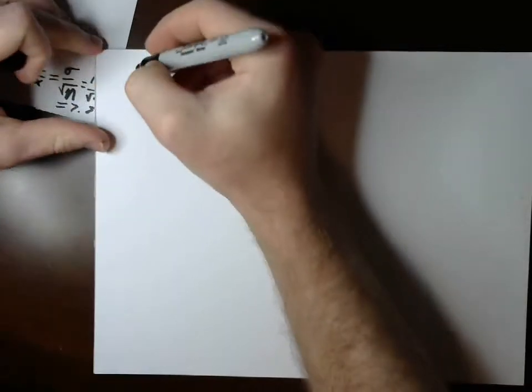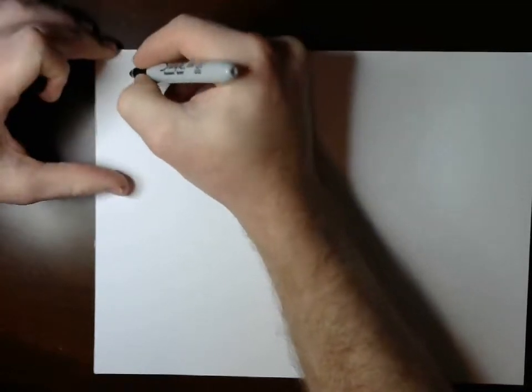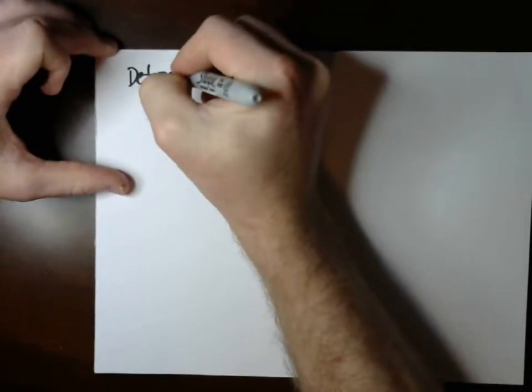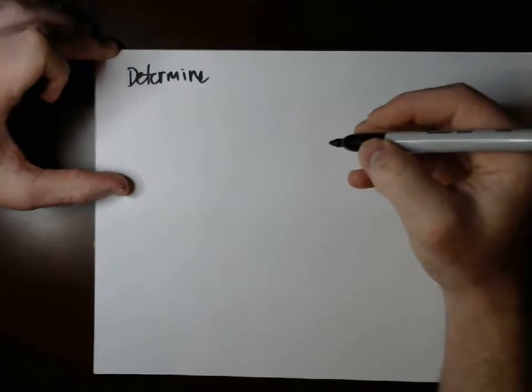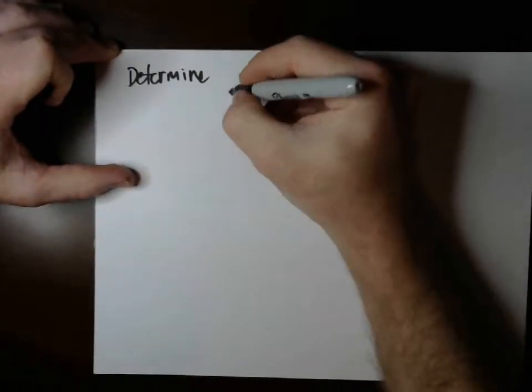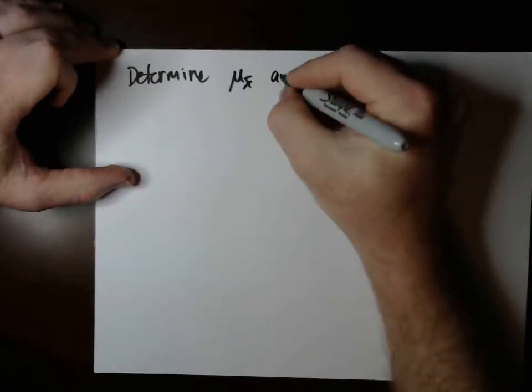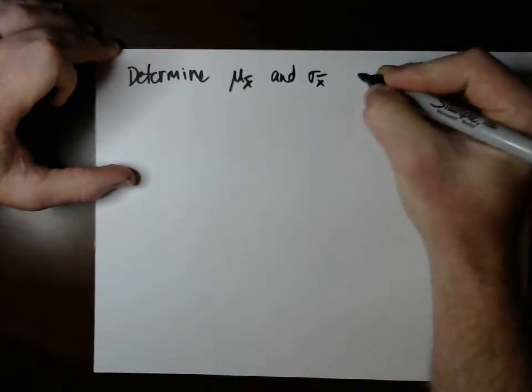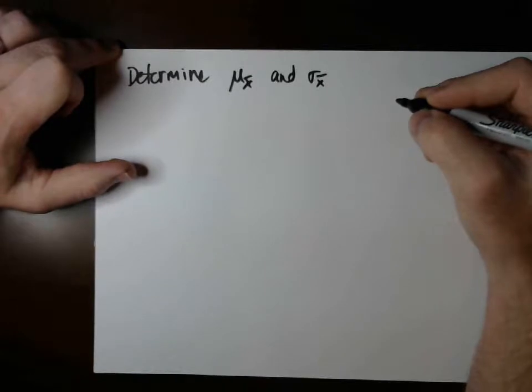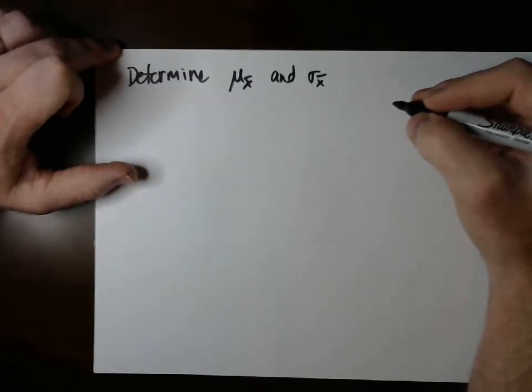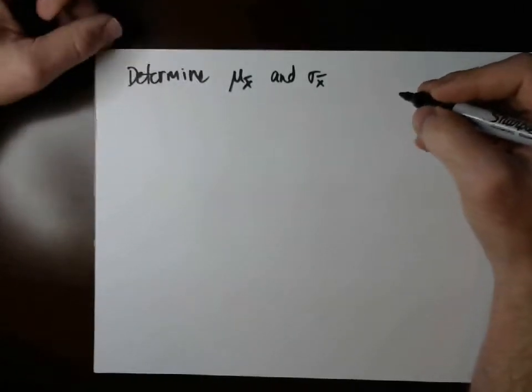Problem 10 asks you to determine mu of x bar and sigma of x bar from the given parameters of the population and the sample size.